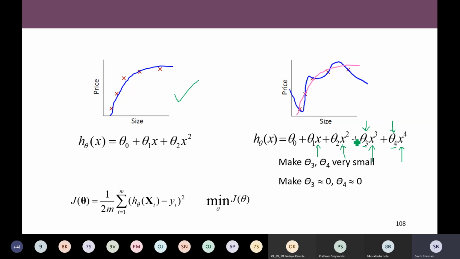So the hypothesis remains the same. The parameter values that are selected are now different. We are reducing those theta values, and still we may come up with a function that might be a good fit.